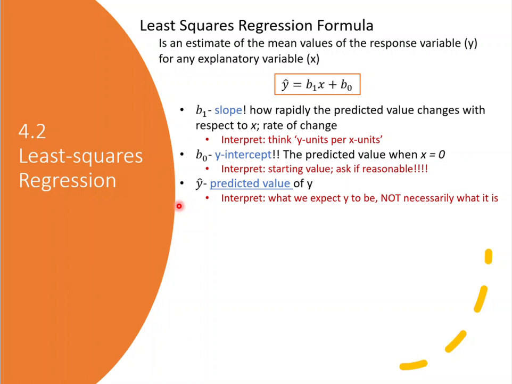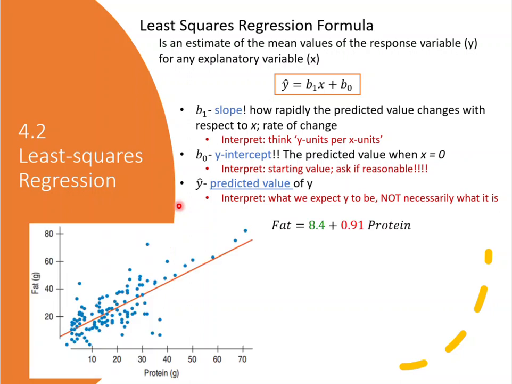Let's see if we can put these concepts into practice here with an example. Here I have a scatter plot that you'll see on the left-hand side of your screen. I believe that this scatter plot is talking about Burger King menu items. You'll notice that if I just want to look at the blue dots here, each one of the blue dots is representing information about actual data.